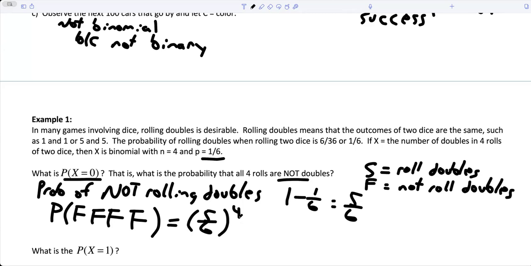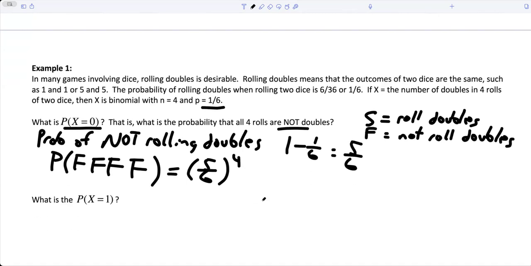Take your calculator and calculate that probability real quickly. Somebody help me out with that. So there's a little more than a 48% chance that we roll 2 fair dice 4 times and do not get doubles.